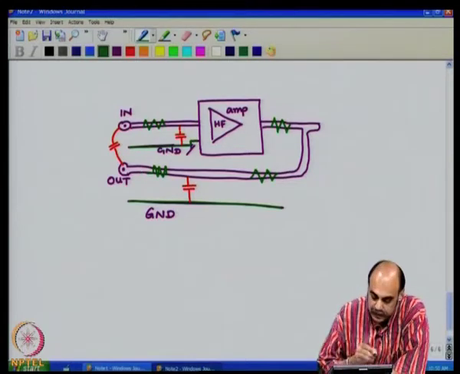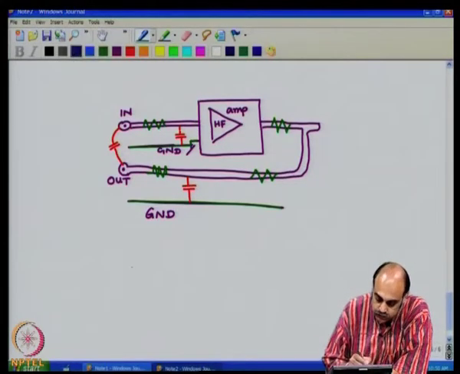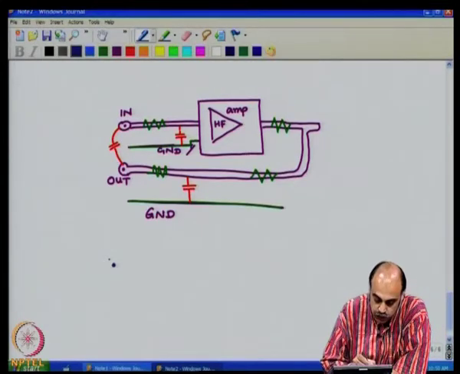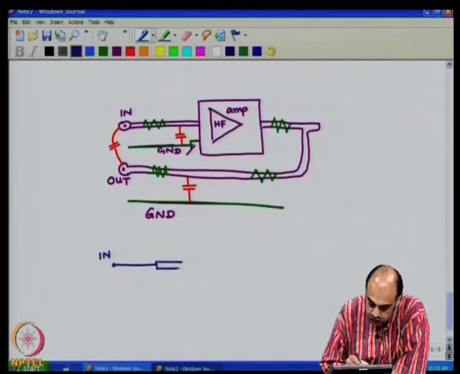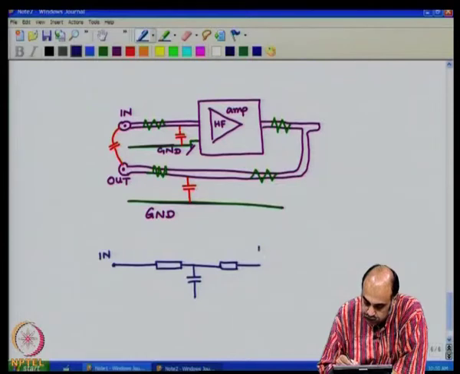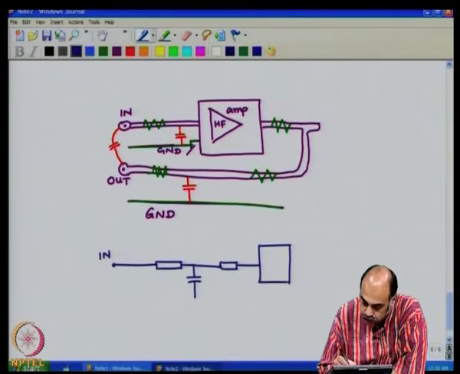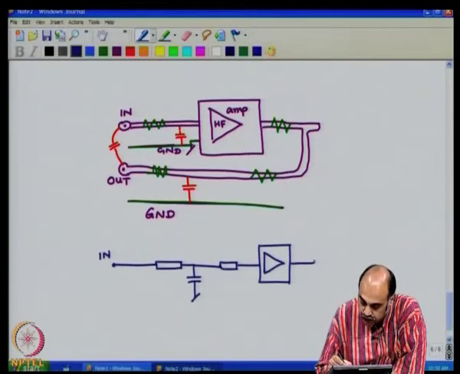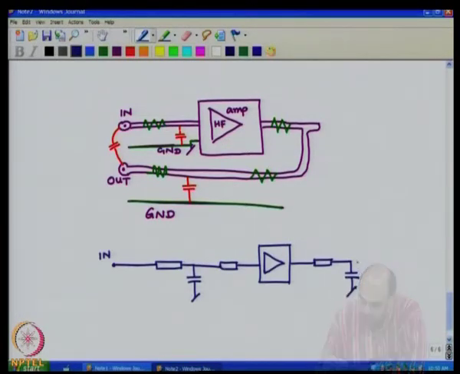So, effectively, what would happen? Circuit-wise, I have the input, then a resistance, a capacitance, maybe a resistance like that. Then you have your high frequency amp, then resistance, capacitance, and the output.